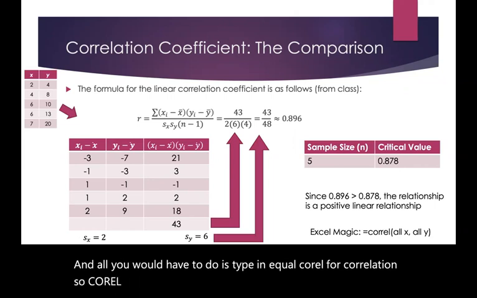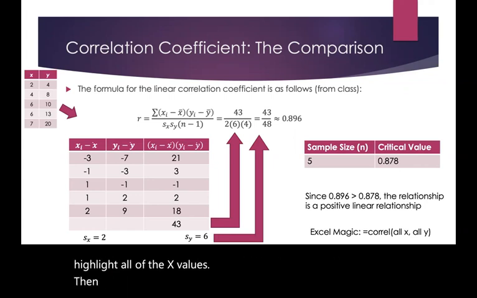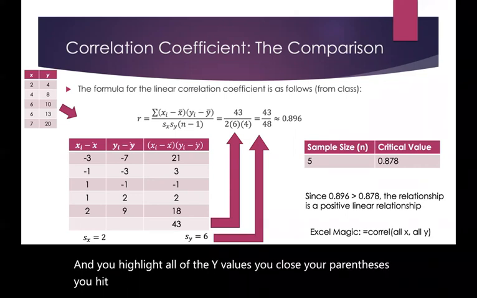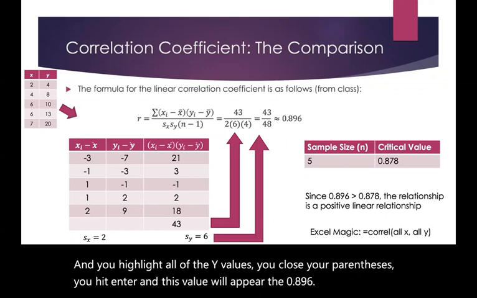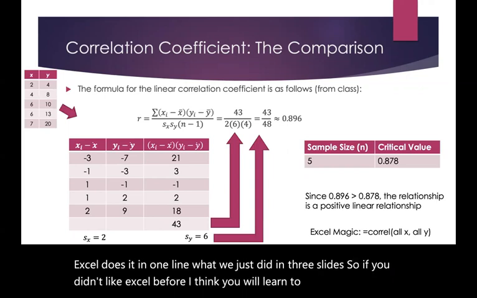And then in the parentheses, the first part will be if you highlight all of the X values, then you type comma and you highlight all of the Y values, you close your parentheses, you hit enter, and this value will appear, 0.896. So Excel does it in one line, what we just did in 3 slides. So if you didn't like Excel before, I think you will learn to love it now.